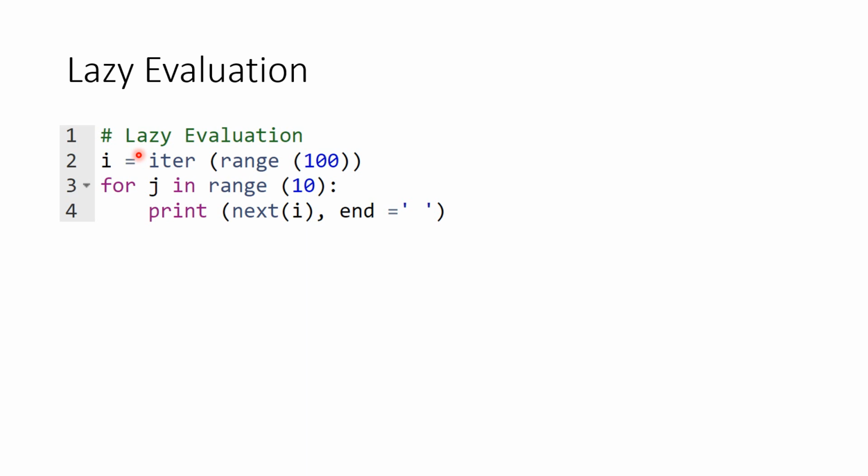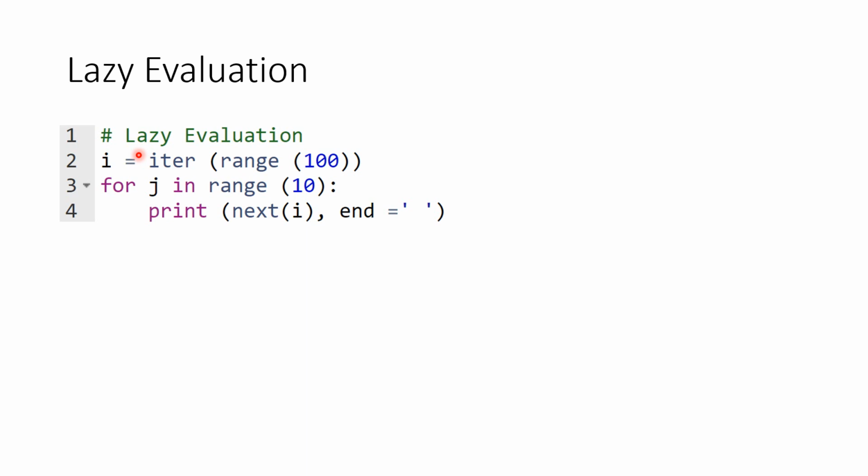So the system can generate only up to 10 values, and 11 to 99 it need not produce because I am not making use of them in the program. That is why it's called lazy evaluation. No computation is done for the values from 11 to 99, and we are not going to make use of them. So that is not at all required here. Although you produced the range, it is not going to be used for computation.